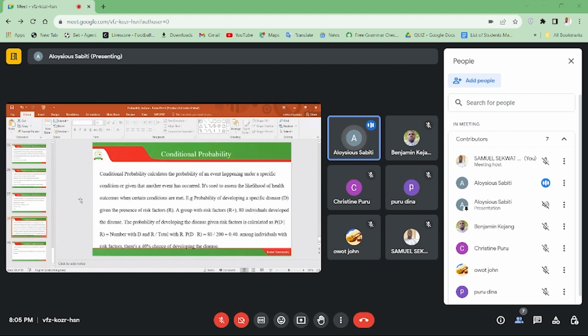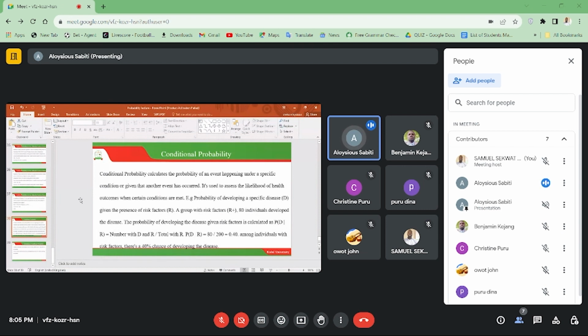We are looking at the ones who have developed malnutrition, divided by 200, and 200 will be the group at risk, which is persons living with HIV. So living with HIV will develop malnutrition.